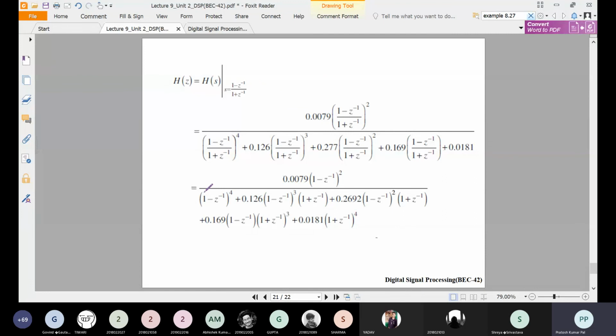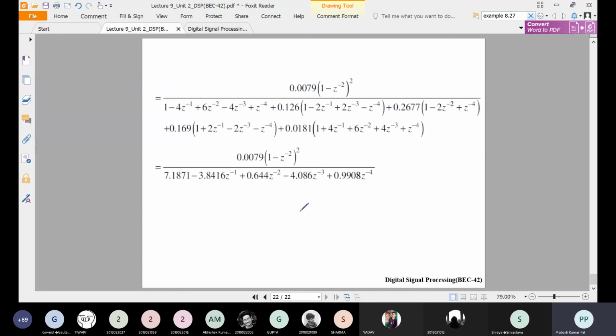We need to convert this into digital form using the bilinear transformation. For bilinear transformation this will be the formula. We replace s with this formula, and finally we get the transfer function of the digital filter. These are the different steps we should consider to find the final digital filter transfer function.